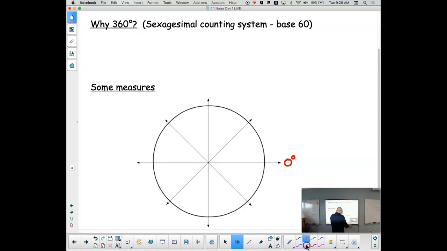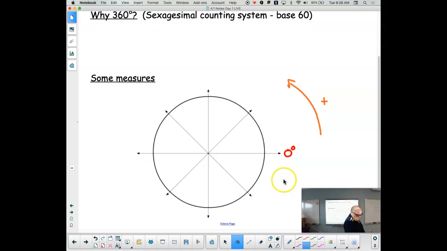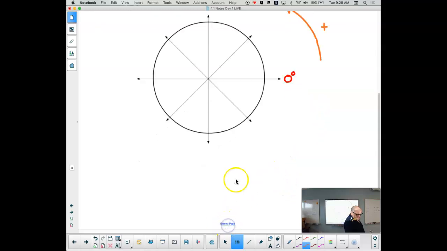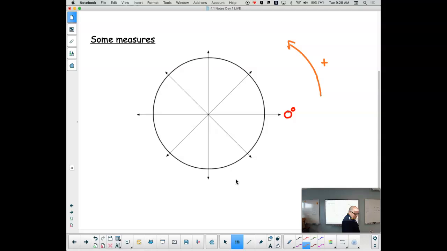For positive angles, we will go that way around our circle. Let me bring this back up a little bit more now. There we go. Okay? So halfway around the circle would be positive 180 degrees, if it's 360 all the way around.